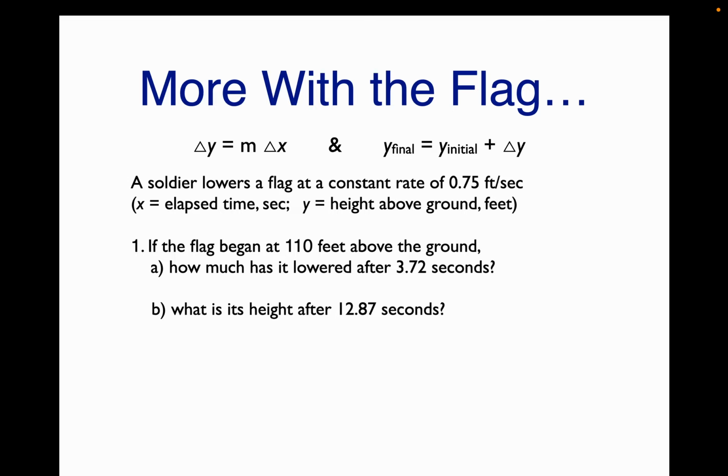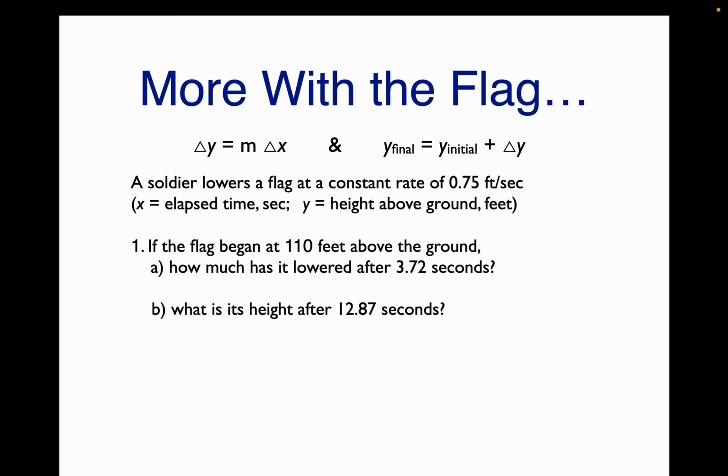Started at 110. And then to find delta y, we just found a delta y in the last problem. It was negative 0.75 times a different number of seconds than what I want here. But for this one, y initial plus delta y would be 110 plus, let's see, this after 12.87 seconds have elapsed.